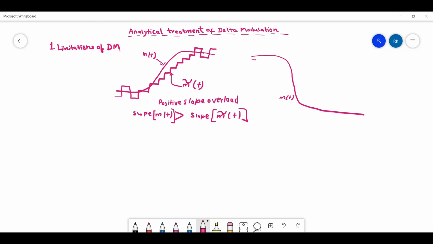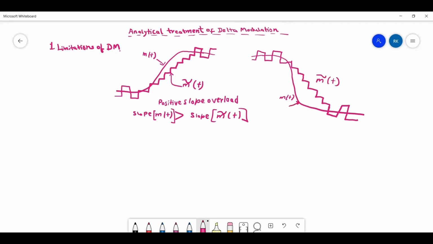This is to be approximated using the staircase function with fixed step size, like this, like this. So please ignore the variation in the step size due to my handwriting, because I am assuming that it is fixed step size m cap(t), approximating staircase function.